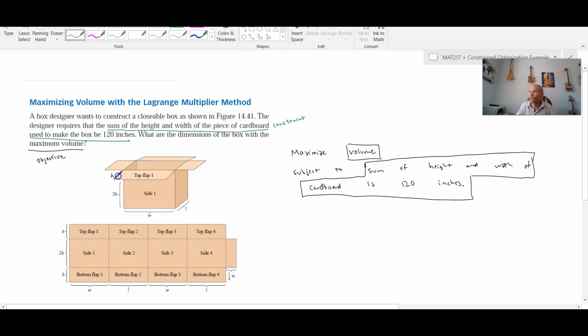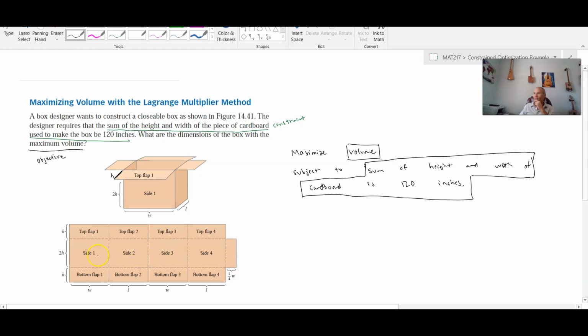Okay, so for example, that right there is going to be h units. So basically what we're saying is that the box will be twice as high as the width of one of those flaps. All right, and then we also see that this portion here is going to be 1/4 of the width.